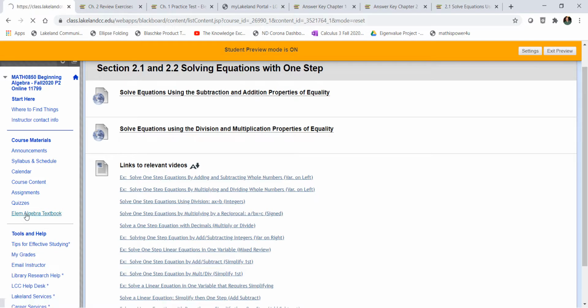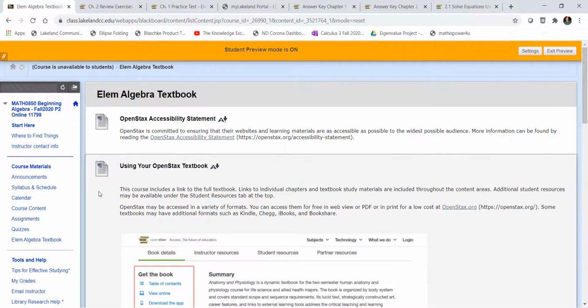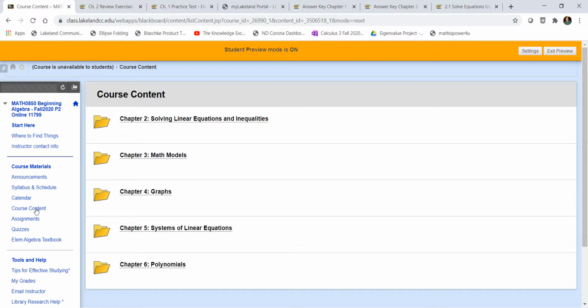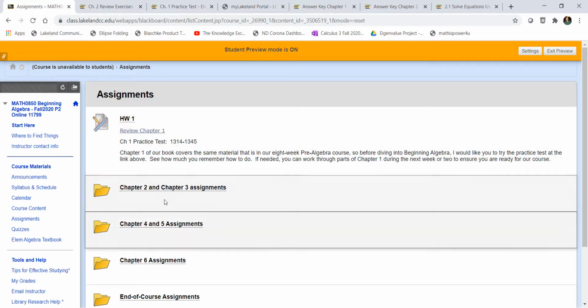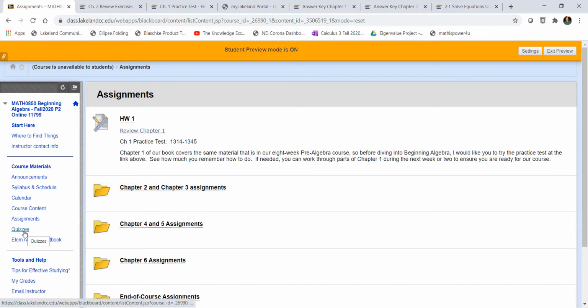I have one other link here just if you want to get to the book itself. There's some information about how to use it, etc. But honestly, I think course content is going to be the way that you navigate the course. That, the calendar, and the assignments. Of course, you need the assignments tab in order to actually turn in your homework when you're done writing it out. And then the same with the quizzes.